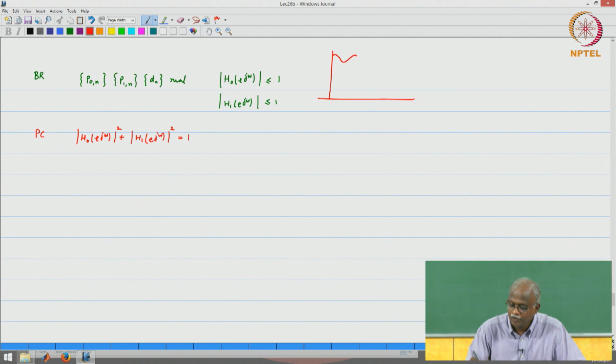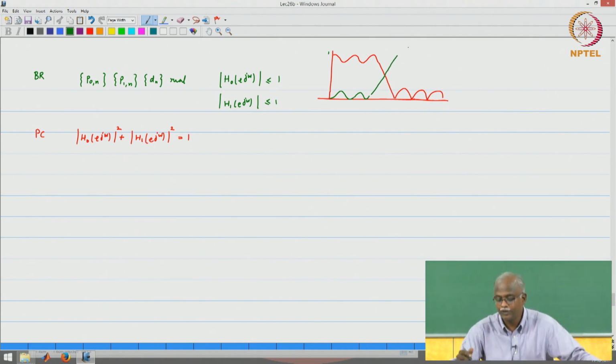If you have a transfer function that is equiripple on both sides, the complementary transfer function will be exactly 0 where the other one is equal to 1, that is the peak value. Wherever that reaches a minimum, this will reach a maximum, and again it will touch 0 like this, and then it crosses over, because in the interim region also they have to add up to 1.